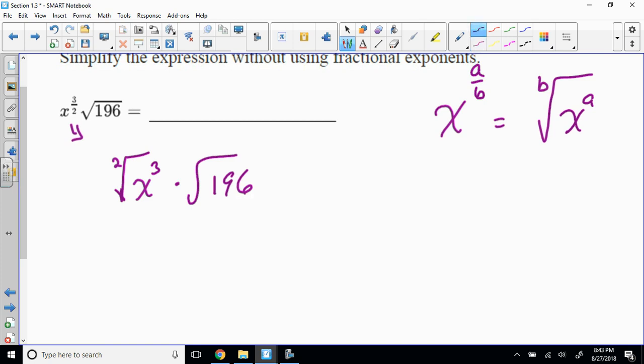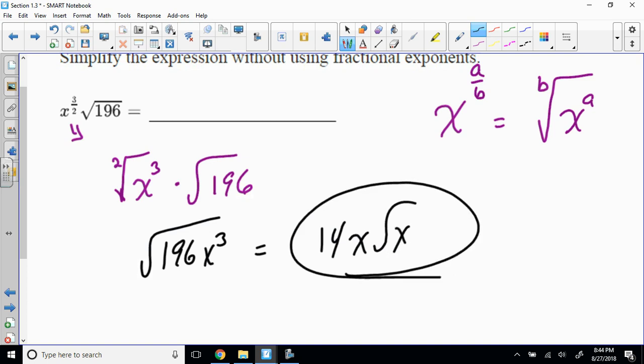And of course, this is going to be 196. And 196 is a perfect square because it's really 14, right? Yeah, 196 is a perfect square. 2 goes into 3 how many times? 1. So I got 1x coming out with how many left over? Thank you. There we go.